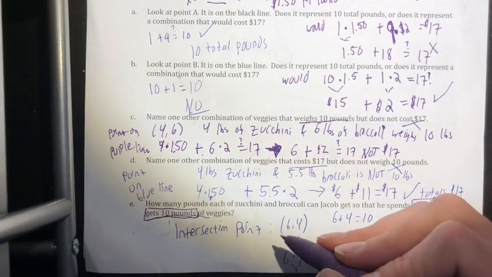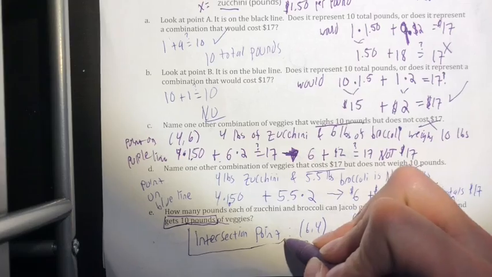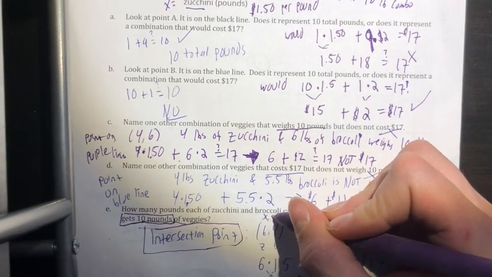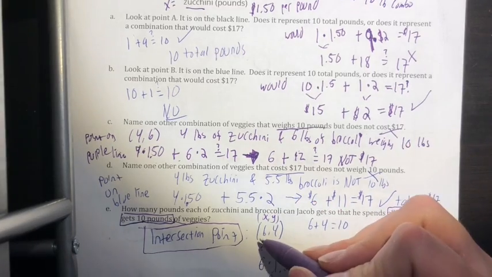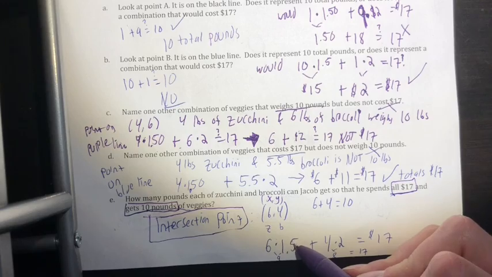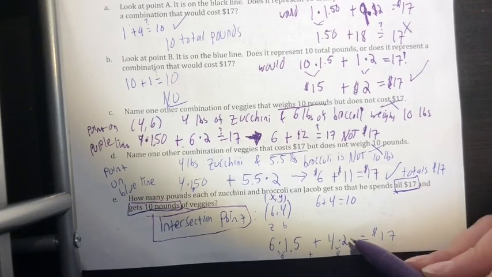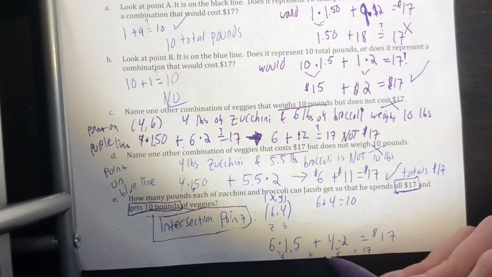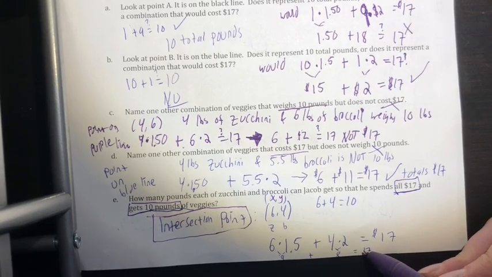Don't tell me it's the intersection point. Tell me what that point is. It is the point 6, 4, because that's the x, y value that meets both of them. 6 plus 4 is 10, and 6 times 1.5 is $9, and 4 times 2 is $8. So $9 on zucchini and $8 on broccoli gets us $17.